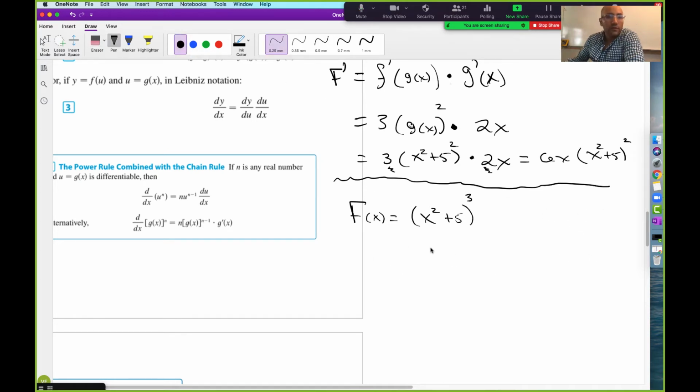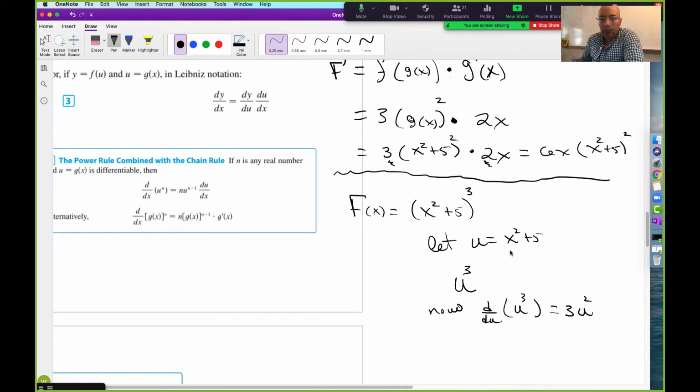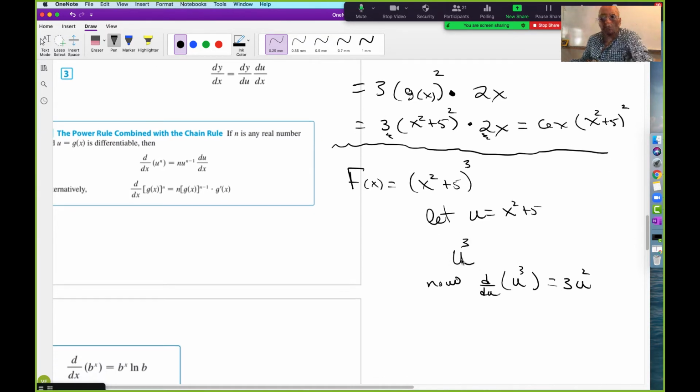So let's put u equal to x squared plus 5. So then we can rethink this as u to the power of 3, right? And now the derivative with respect to u of u cubed equals 3u squared. So that's good. That makes it easy if we replaced it in terms of u.